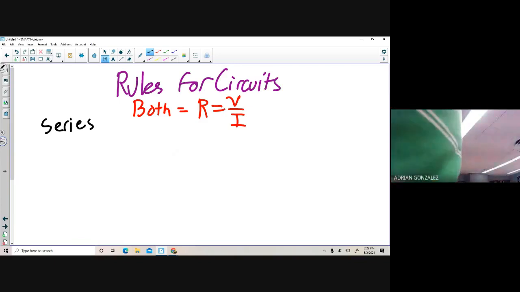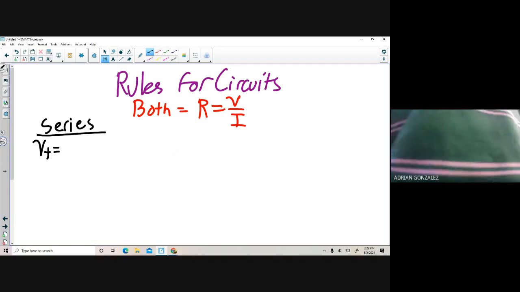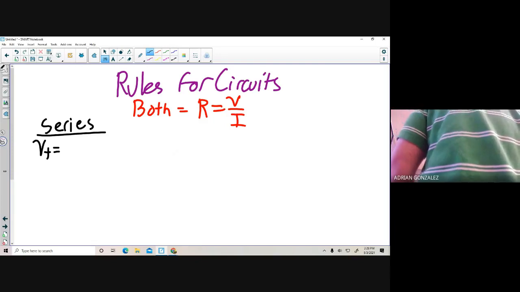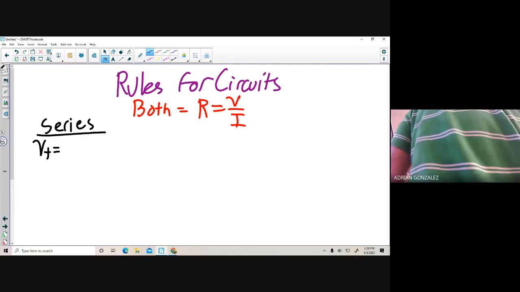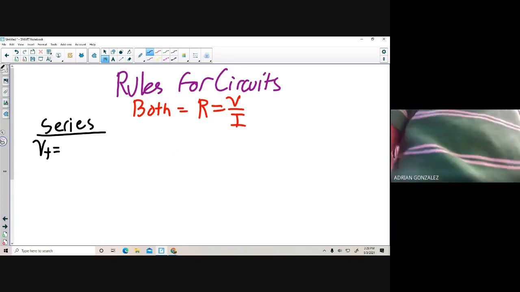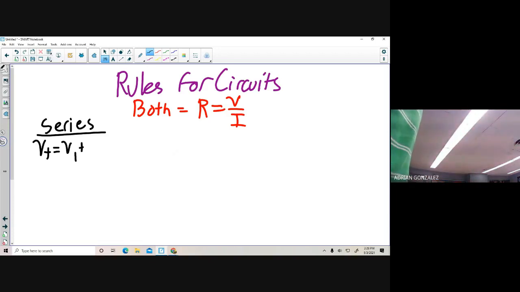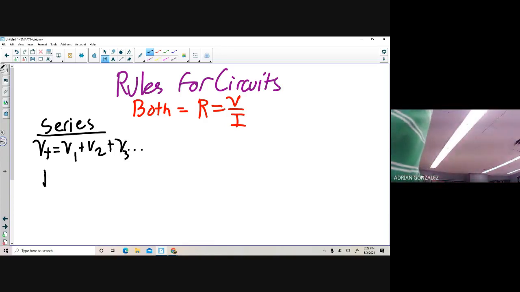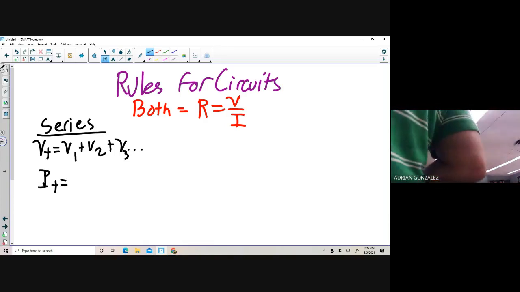If we look at series circuits, we have our rule. What's our rule with voltage for a series circuit? Okay. V1 plus V2 plus V3. Cool. What about current? Same.